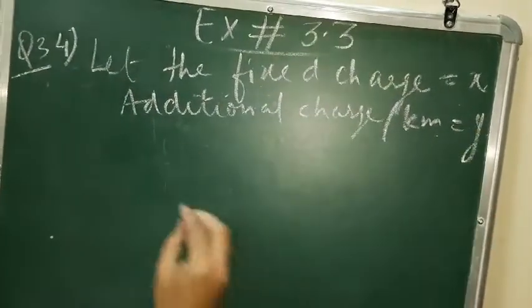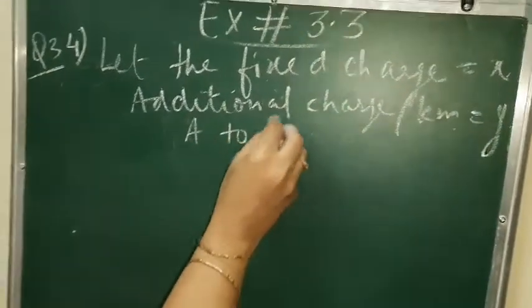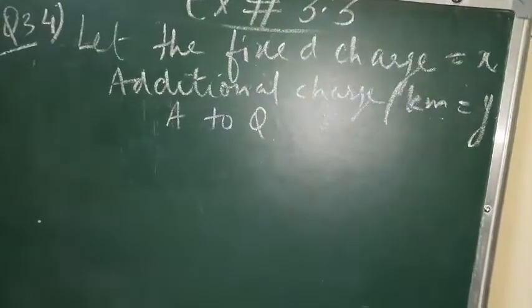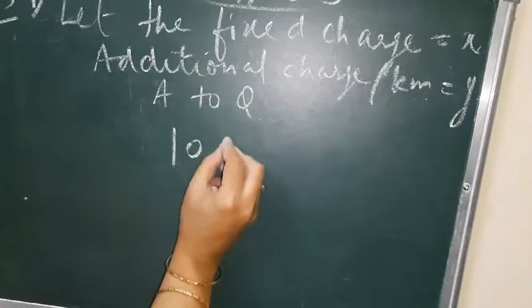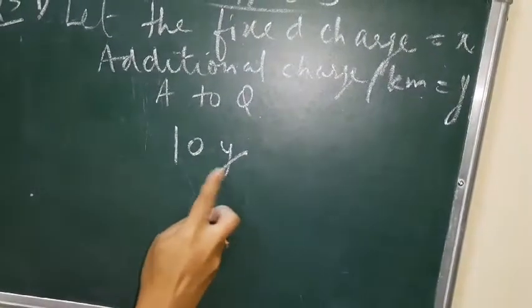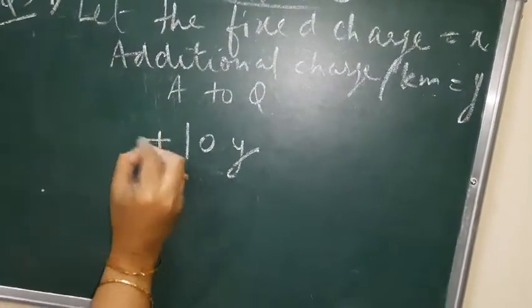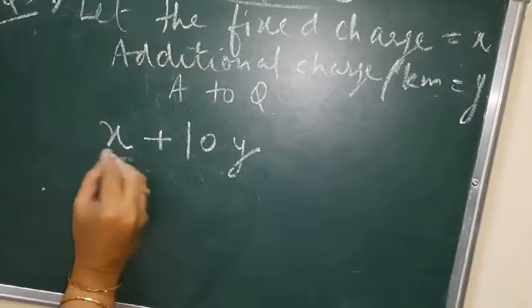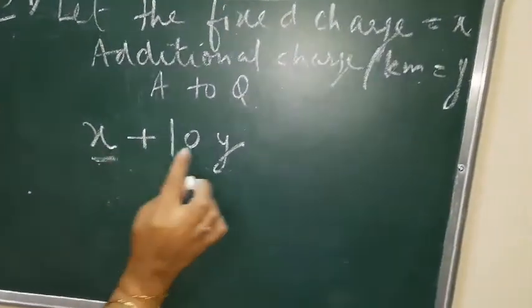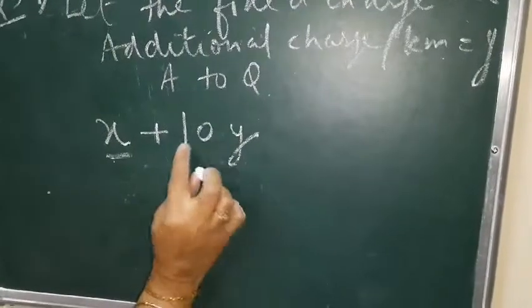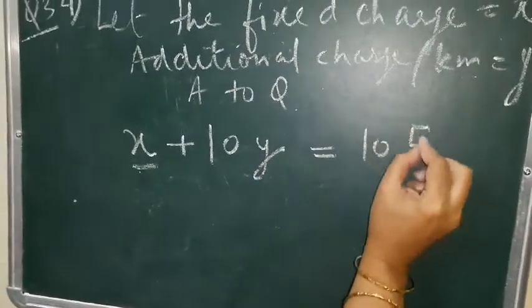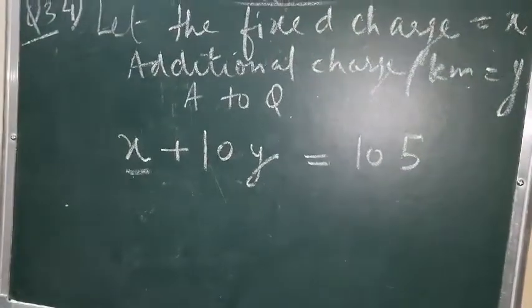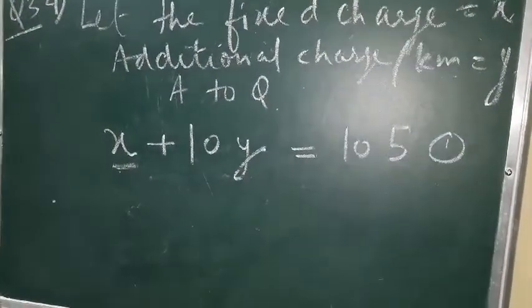Now according to the question, a person has moved 10 kilometers, that means 10y, plus he has to pay the fixed charge. So x is the fixed charge plus 10y is the additional charge, and together he has paid rupees 105. So this is the first equation.